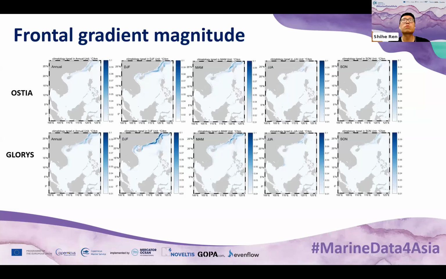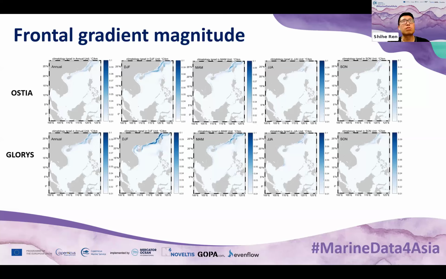The output reveals several prominent and persistent fronts in the South China Sea, including the Guangdong and Fujian coastal front, the Taiwan Bank, and some nearshore fronts like the coast of Vietnam. The front magnitude of GLORIES is slightly stronger than AVISO, which shows AVISO data is smoother due to the interpolation method.